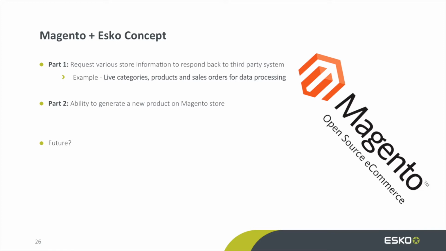Just a concept I have going on here. We're going to request various store information and respond back to Automation Engine, such as categories, products, and sales orders. And then we're also going to generate a new product in the Magento store.